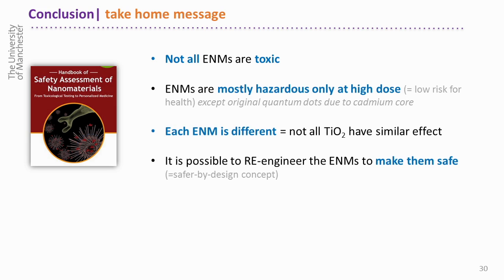Basically, a bit like everything, the hazard is mainly at high dose, so we are already exposed all the time through air pollution to a lot of nanomaterials. And yes, not all are toxic, and they're all different. Even with the same materials, it can sometimes be very toxic, right? So we clearly mentioned this.